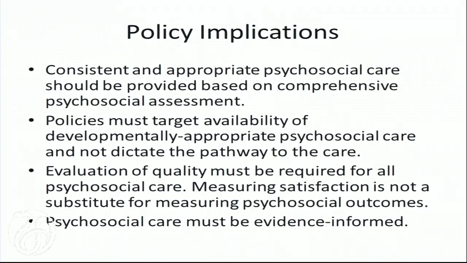So what does that mean for policy? In my opinion, my soapbox is we need consistent and appropriate psychosocial care, but it needs to be based on comprehensive assessment. It's great to do what we think patients need. It'd be even better to do what we know each patient needs. Also, policies have to target availability of developmentally appropriate psychosocial care, but not necessarily dictate the pathway to care.